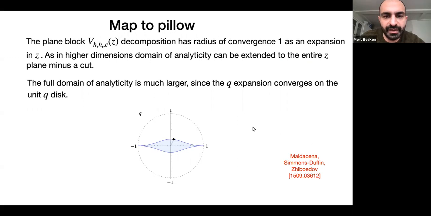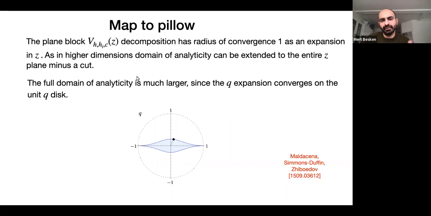To understand that interpretation, it relies on what is called the pillow quantization. Before going into that, I will just mention that this plane block decomposition has a radius of convergence 1 in z on the z plane. So this domain of analyticity can be extended to the entire z plane minus a cut.